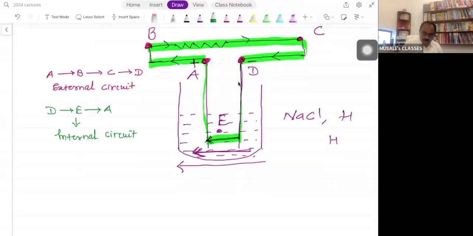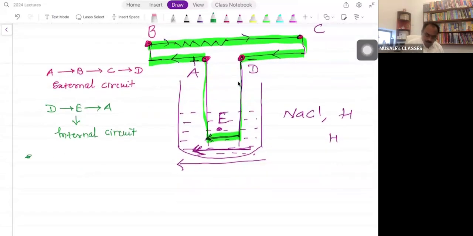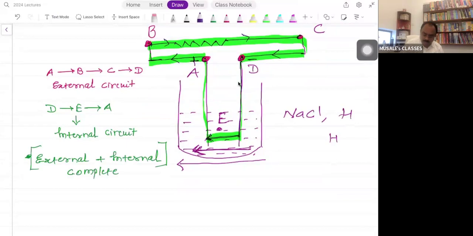And together, external plus internal circuit together is known as the complete circuit.